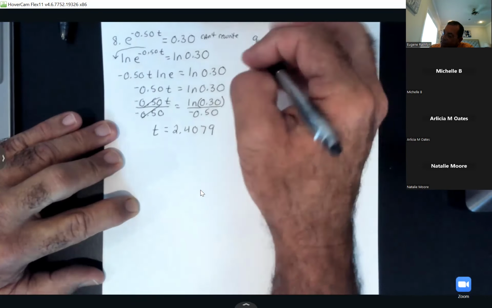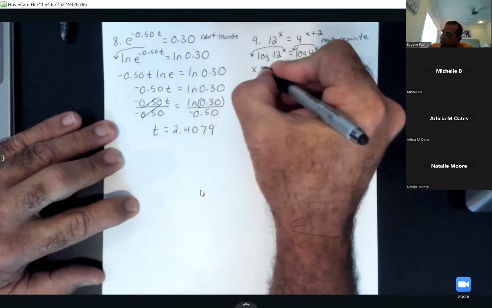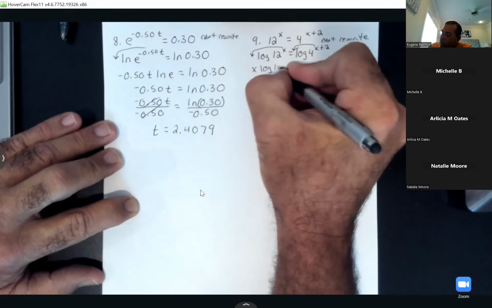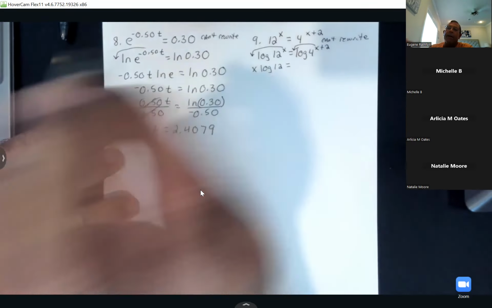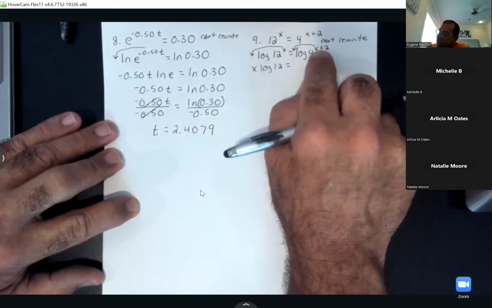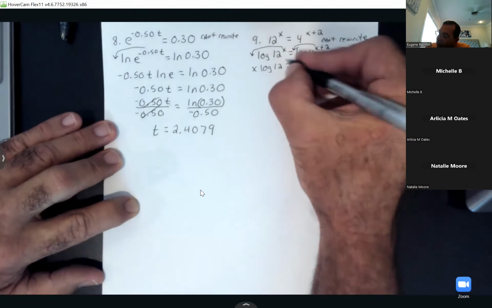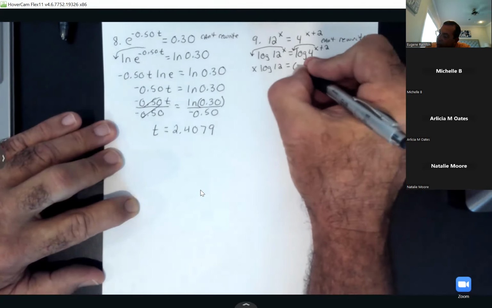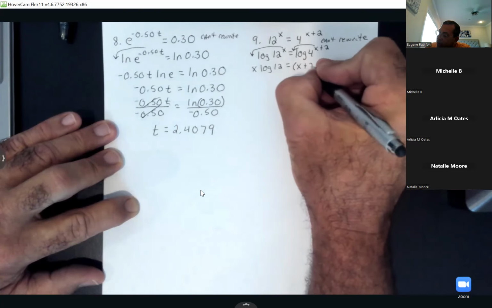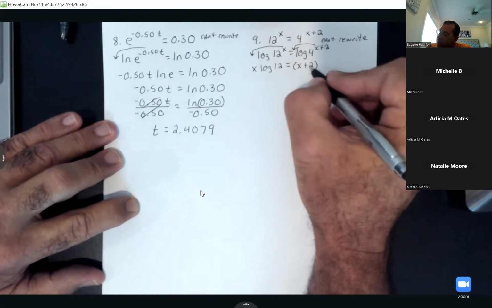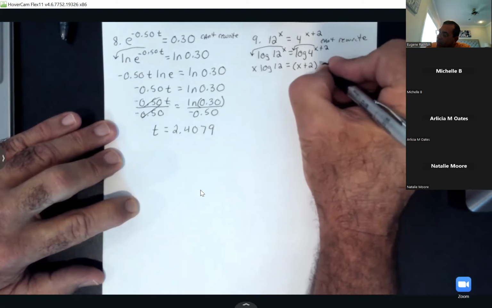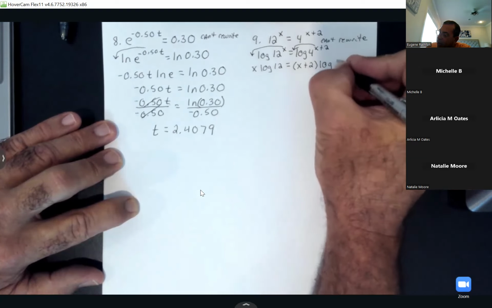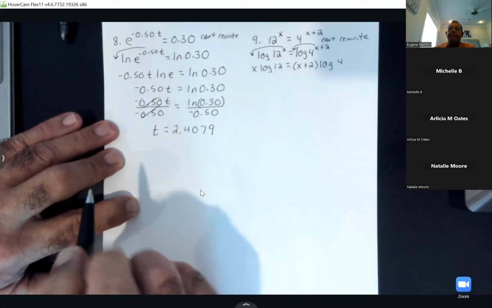So the left side, I'll get an x times log 12. Now, y'all, the trick on the right side, you got 2 parts to that exponent. So when we bring that one down, we need it in parentheses at first. So put the x plus 2 in parentheses times the log 4.